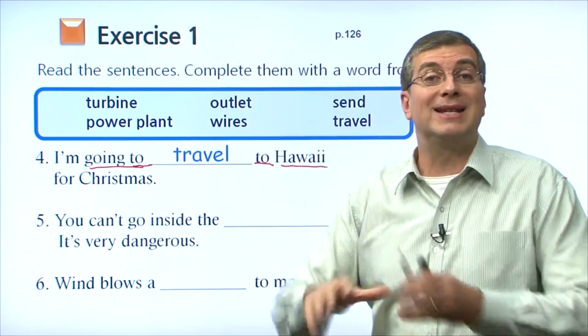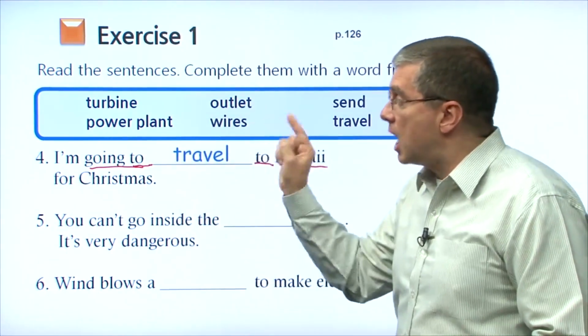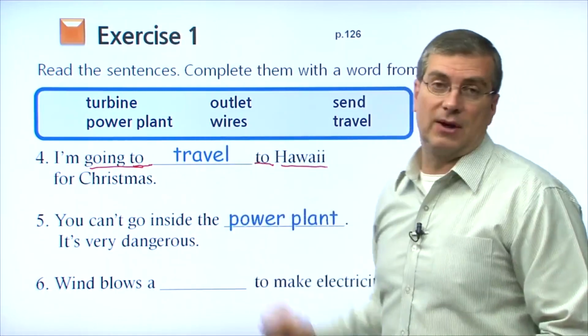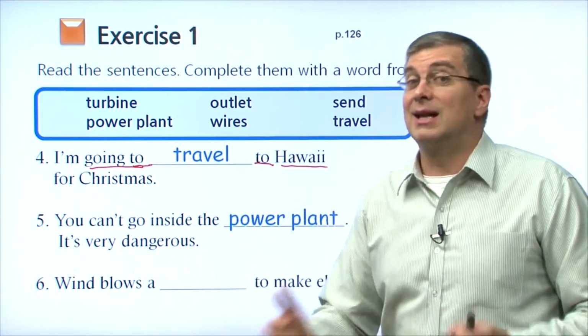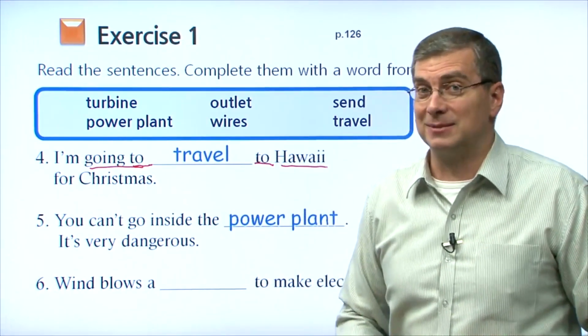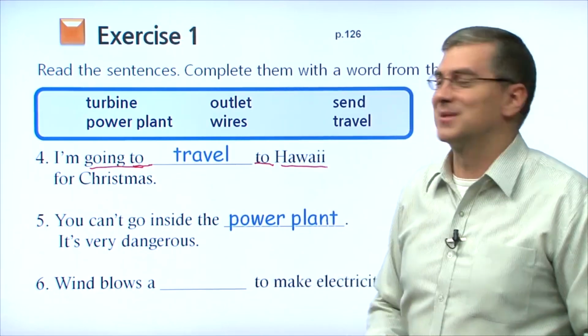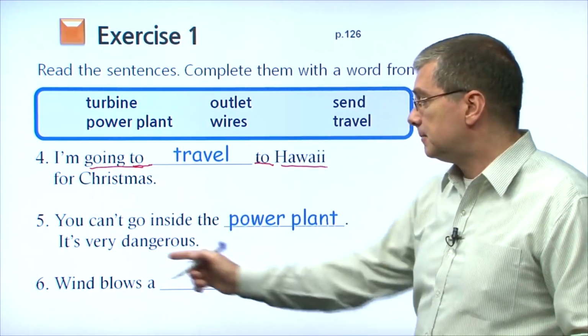Remember, power plant is a building. You can go inside a building. But you should not go inside a power plant, right? Because it's very dangerous. We make electricity in a power plant. Electricity can be deadly. Don't go inside the power plant. It's dangerous.